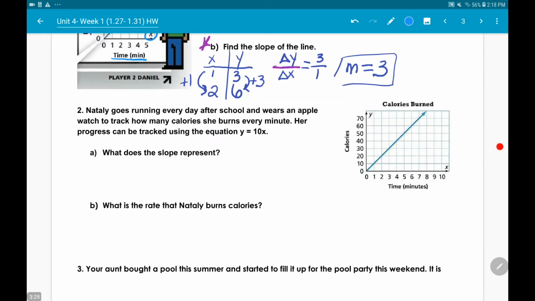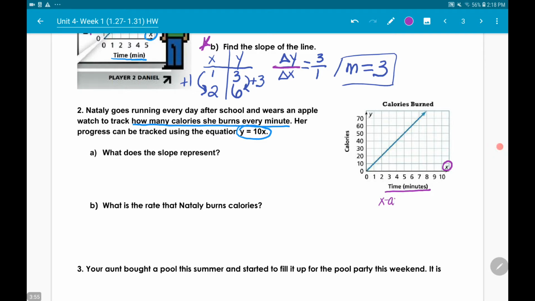Okay, number 2. Natalie goes running every day after school and wears an Apple Watch to track how many calories she burns every minute. Her progress can be tracked using the equation y equals 10x. Okay, so again, let's look at this equation, graph here. For x, we have time again.